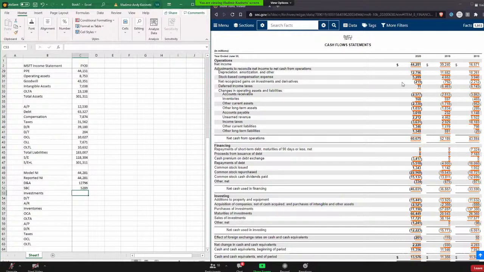5,289 minus 219 on investments. Okay. Deferred income taxes, it's 11. This is in millions, 11 million, I guess. Accounts receivable is minus 2,577, 168, minus 2,330, minus 1,037, 3,018.